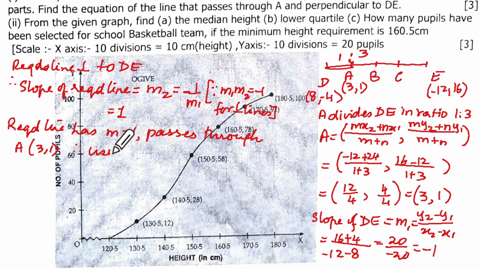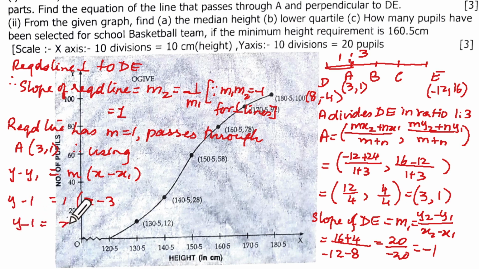Therefore using y minus y1 equal to m into bracket x minus x1, so y minus 1 is equal to 1 into x minus 3. So y minus 1 is equal to x minus 3. So x minus y minus 3 plus 1 equal to 0. So x minus y minus 2 equal to 0 is the equation of the required line.